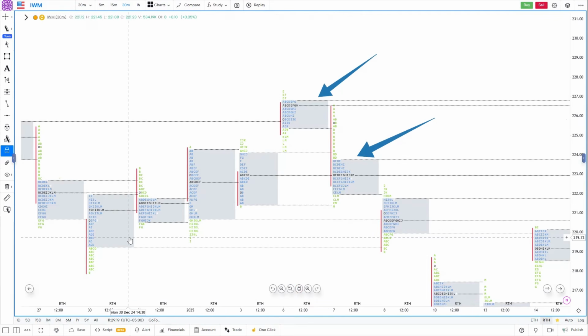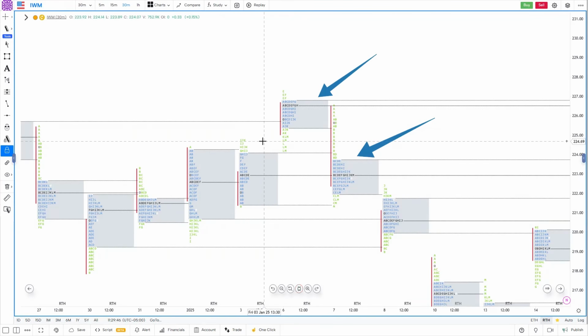So we know that the market has been testing higher prices because there were more and more people willing to buy at the 220 price tag, the 221, 222, 223, 224, 225, 226, and also the 227 price tag. So the market was testing, raising prices, to see if there were more and more people willing to buy at those prices.